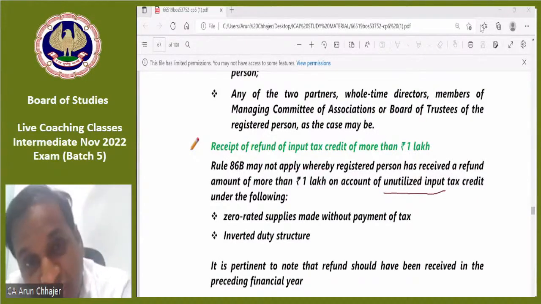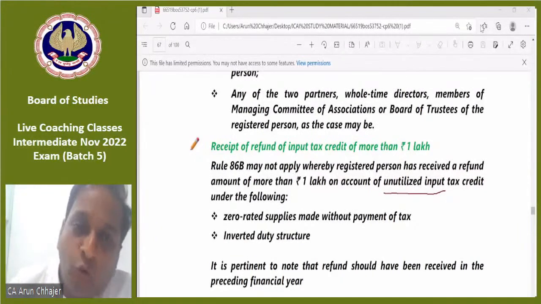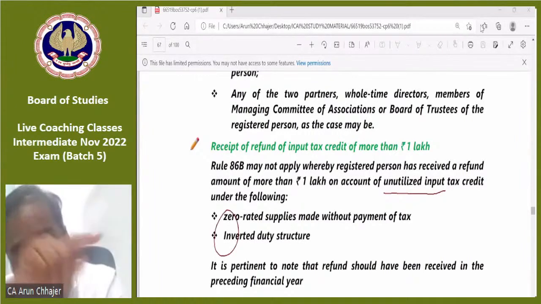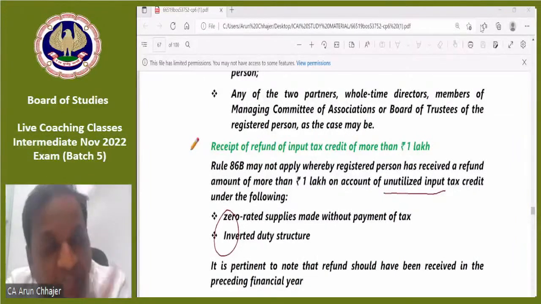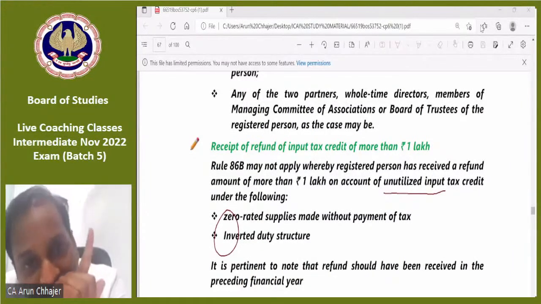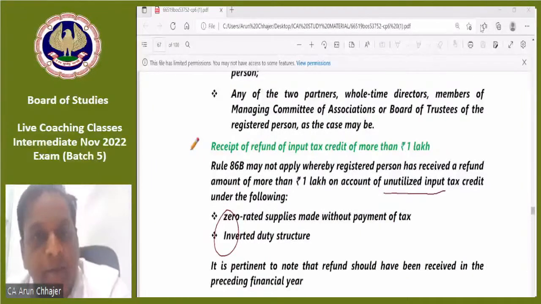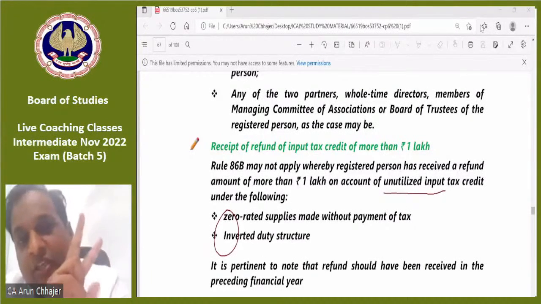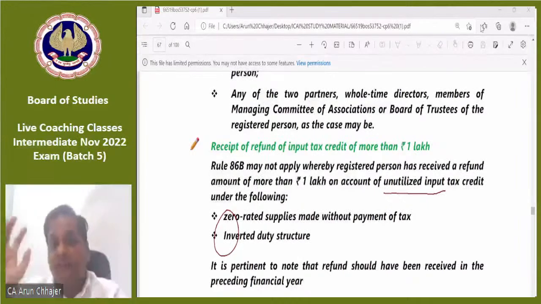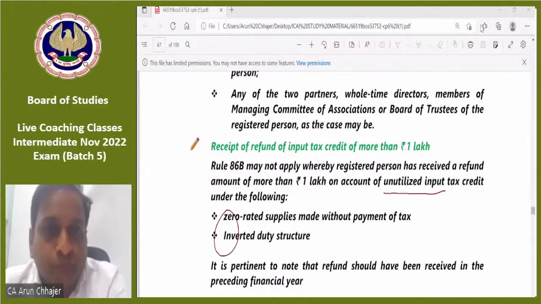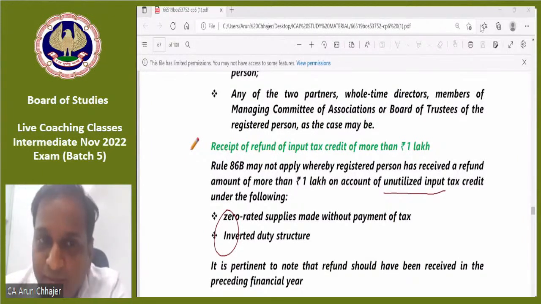Whether refund of unutilized ITC is permissible, not required to go into detail, but remember only these 2 points. Yes, if my outward supply is zero rated, made against LUT, letter of undertaking, that is made without payment of tax, or inverted duty structure, there are the 2 cases in which refund of ITC is permissible. Otherwise, there is no situation in which refund of ITC is permissible.